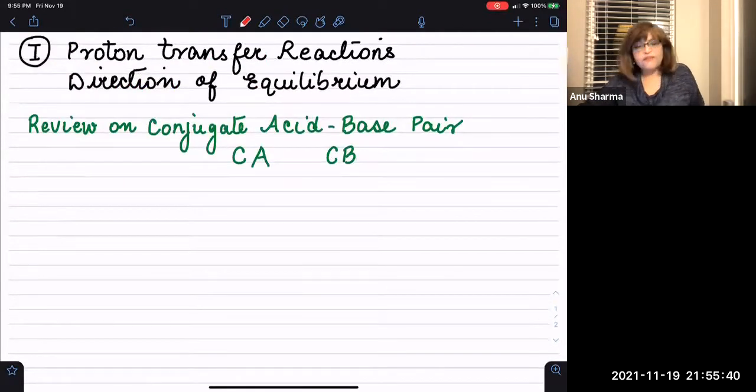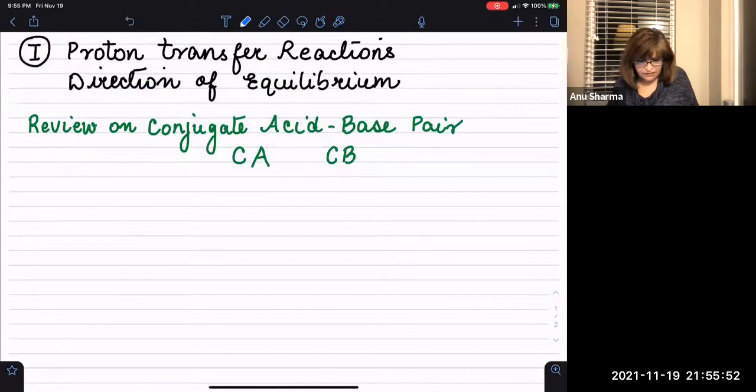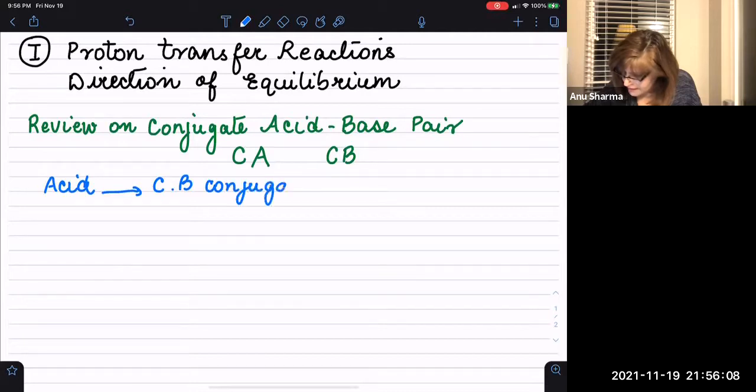Okay, so first of all, before we do these proton transfer reactions in the directions of the equilibrium, let us first review the conjugate acid base pairing, which we had already covered in the previous lecture video, but I just want to review this again. So remember that every acid has a conjugate base, and the difference is of one hydrogen ion.